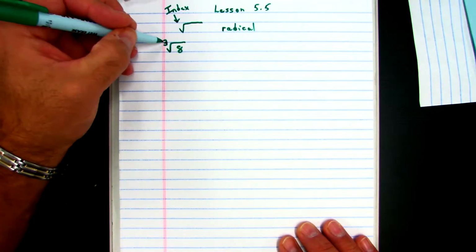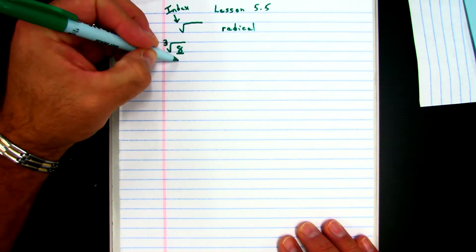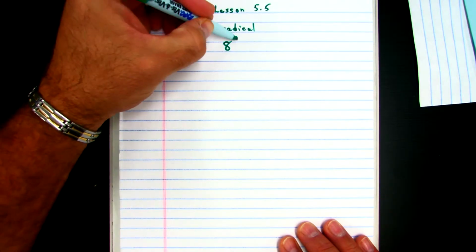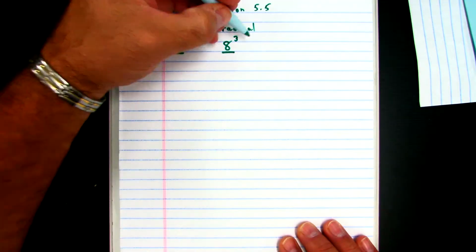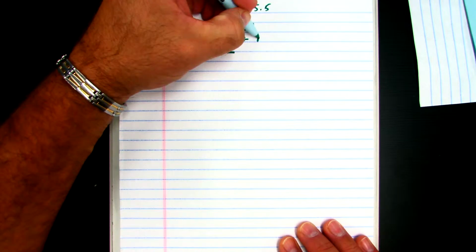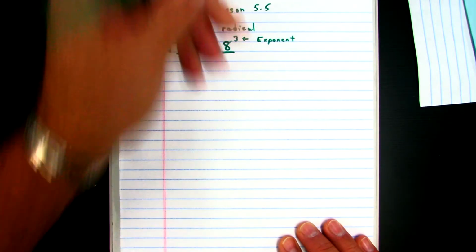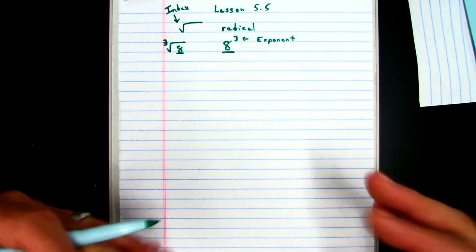The 3 indicates what your root is. The 8 is called your what? Base. Base, correct. Just like over here, 8 is your base. The 3 is called your exponent. All right. So these are all things that you have to know.